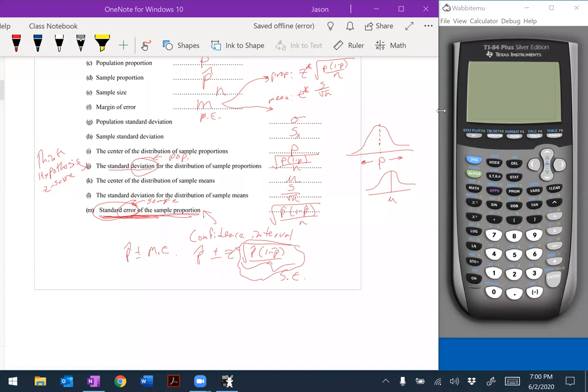You'll need to know how to calculate the normal CDFs and come out with the proper normal CDFs. A lot of questions on the content like we went over today, but you'll need to know how to construct a confidence interval and give the right confidence interval.